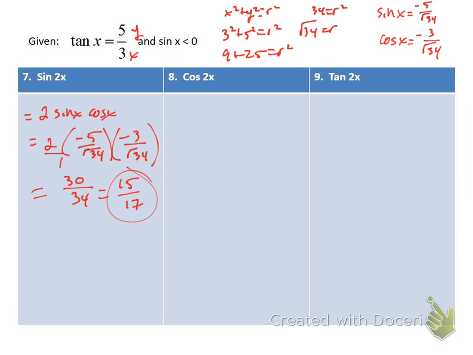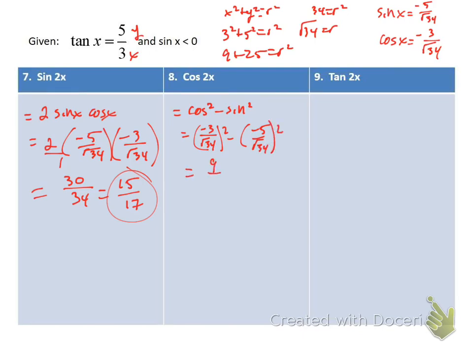Cosine, you know all values, so it doesn't matter which formula you use. So whatever, I'm going to use the cosine squared minus the sine squared one. So cosine is negative 3 over radical 34 squared minus negative 5 over radical 34 squared.